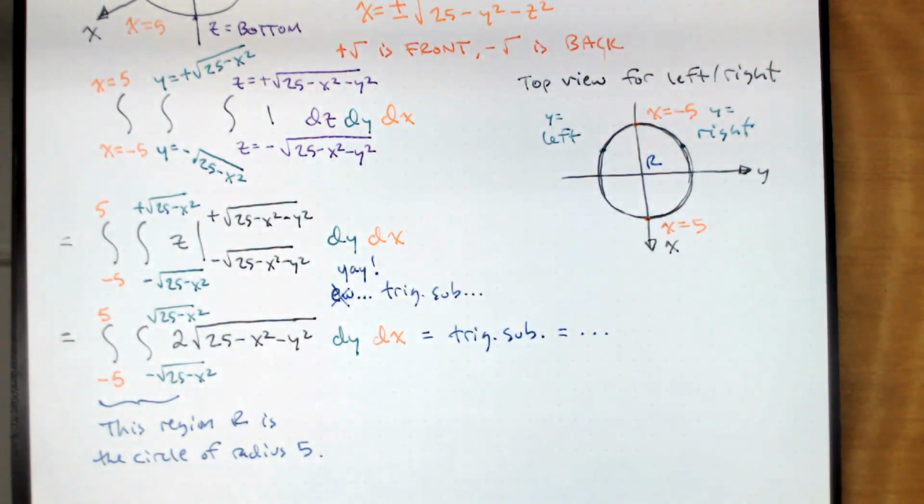If the height above the xy plane is given by a sphere, the height at any point is going to be the square root of 25 minus x squared minus y squared.